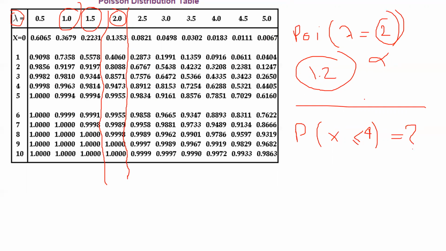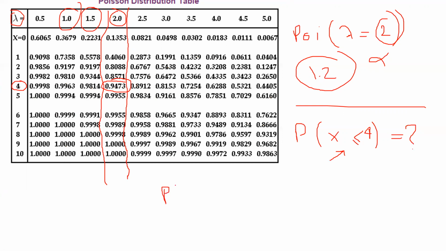That's why I usually use lambda instead of alpha. Anyway, for this column, lambda is equal to 2, and x we are asking for less than or equal to 4. This is the correct format for cumulative. That's why I can easily find the final answer, which is 0.9473.